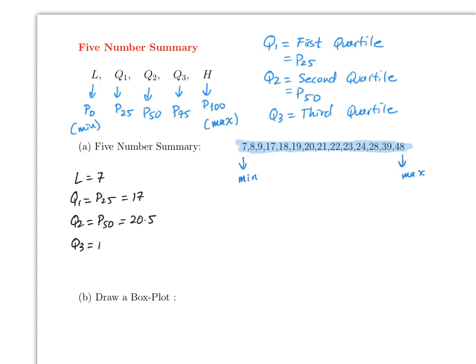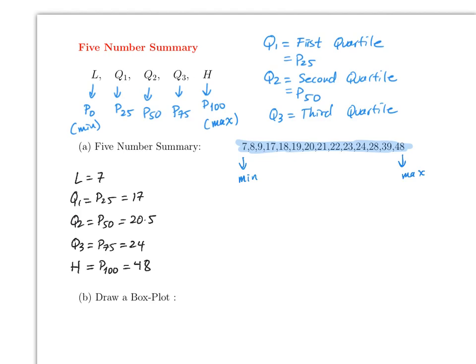And Q3 was P75, which was 24. And finally, the highest, or the maximum, which you can also call P100, is equal to 48. That's a five number summary.